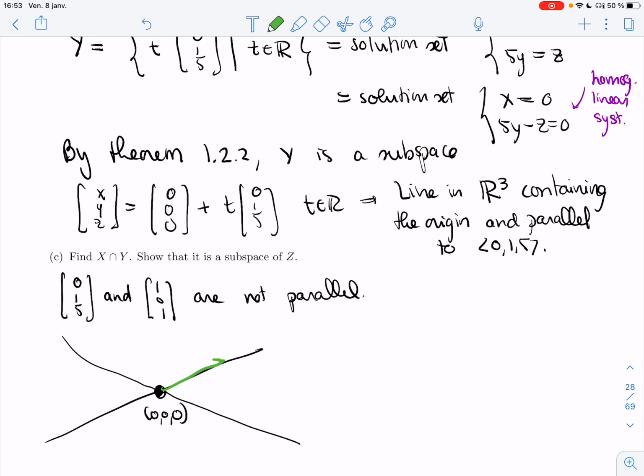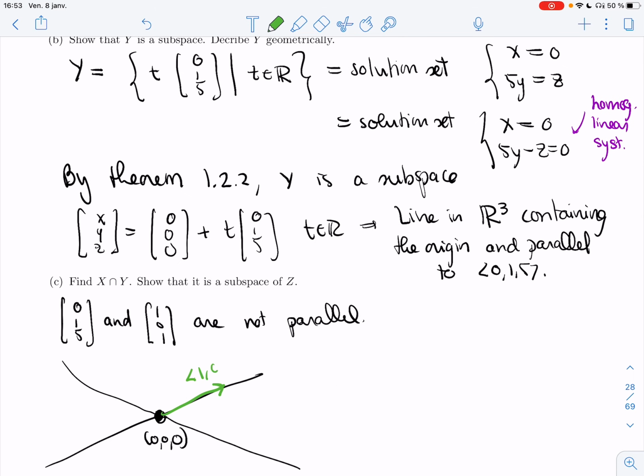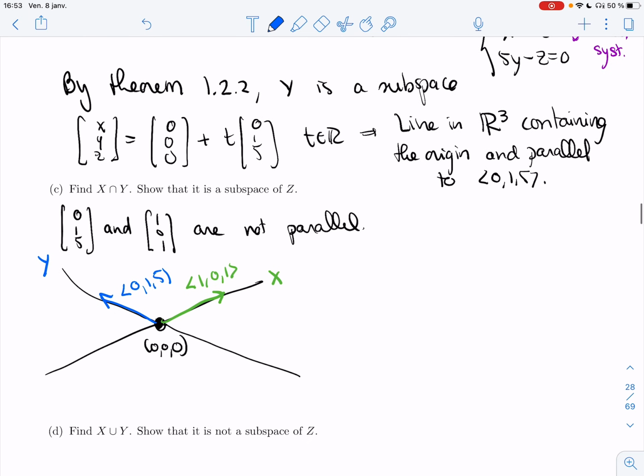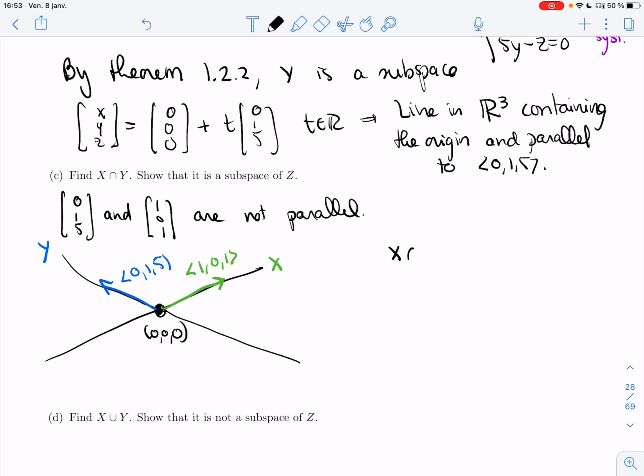I have my green vector for x, and let me put a blue vector here. So that's (0, 1, 5) for y. All right, so the intersection, well, from the picture is pretty clear. You could do it algebraically as well, but whenever we have a chance to use geometry, I recommend it. It's so much nicer. That's personal preference, of course. It's just the zero vector.